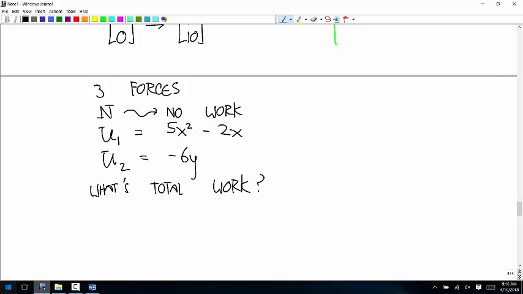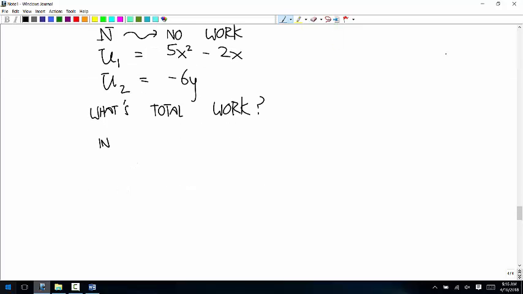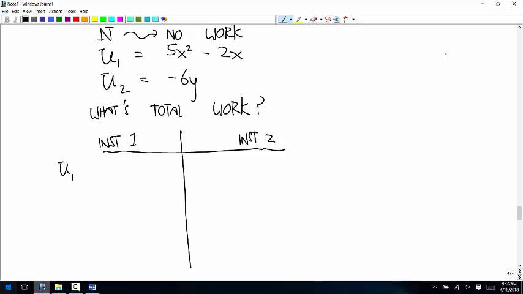Well, if the only non-conservative force does 0 work, then we can use conservation of mechanical energy. So U1 at instant 1, you can just plug in those x and y.